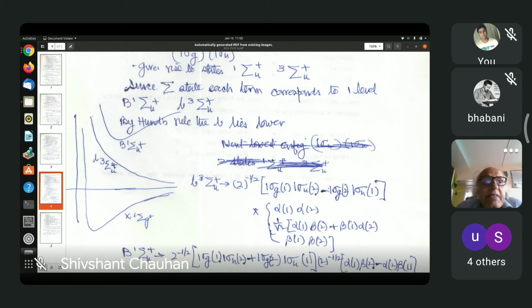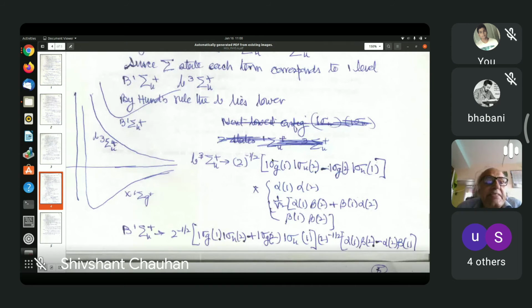That is why the multiplicity is 3. And for the capital B state, of course, the space part will be symmetric and the spin part will be antisymmetric. So there is only one spin part, and there will be only one function, B singlet sigma U plus, one spin orbital function. So these three curves are shown here.